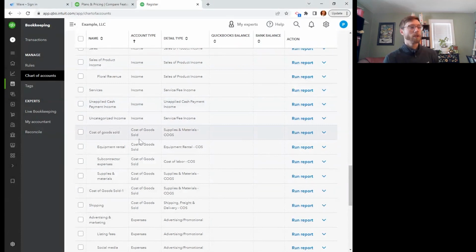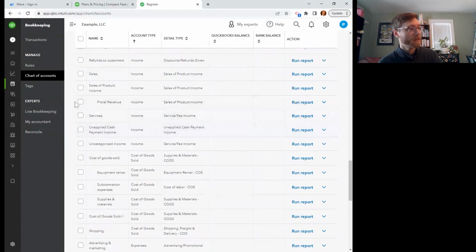These are things that are used up when you provide a product or service to a customer. If I am selling flowers, I would book the cost of buying those flowers that I'm turning around and selling. That cost would go into cost of goods sold because it's used up. I couldn't have sold the flowers without buying them first. So it's directly related to the income.